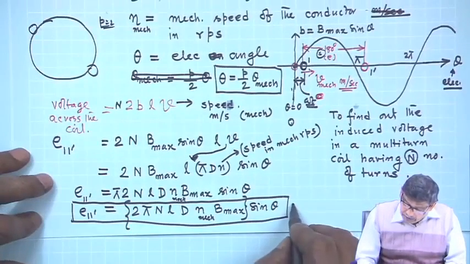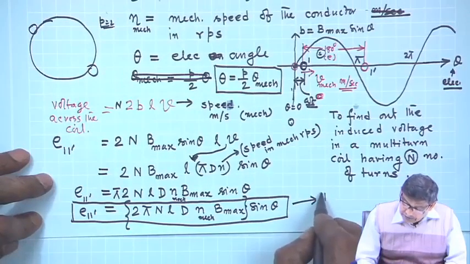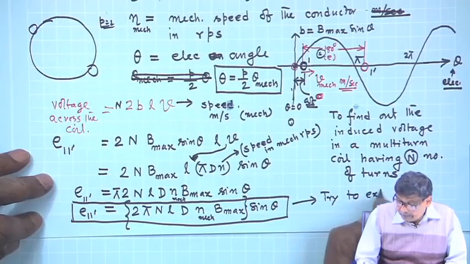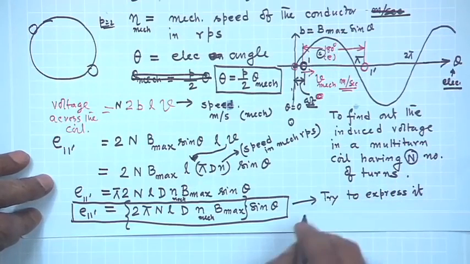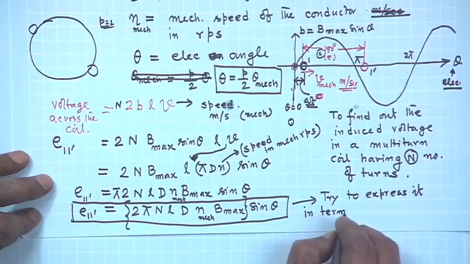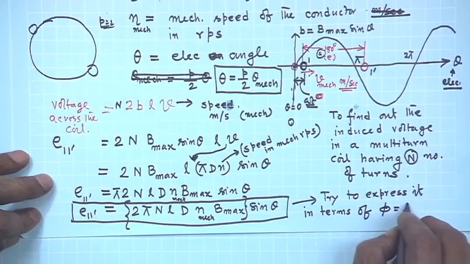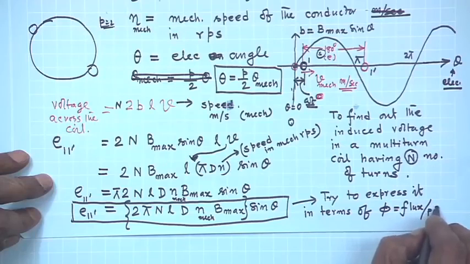So my goal is to express it in terms of phi, which is equal to flux per pole.